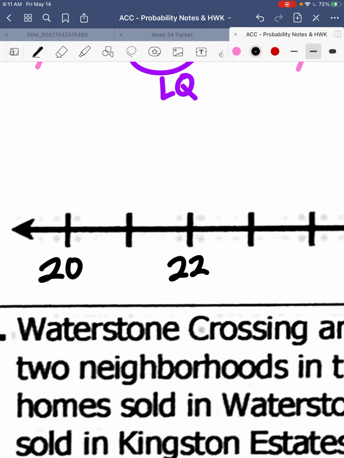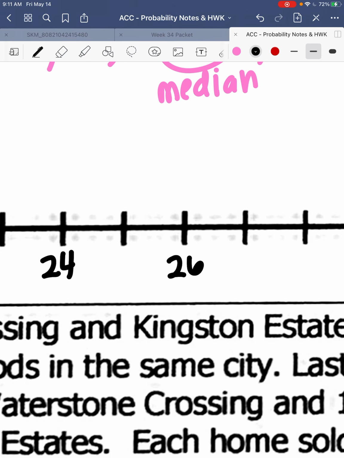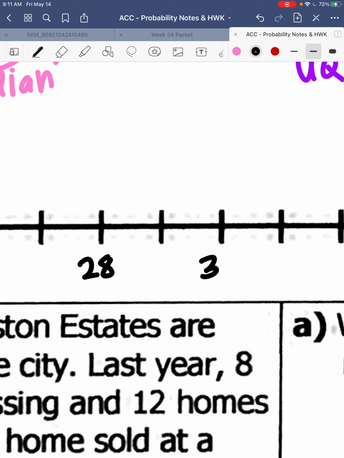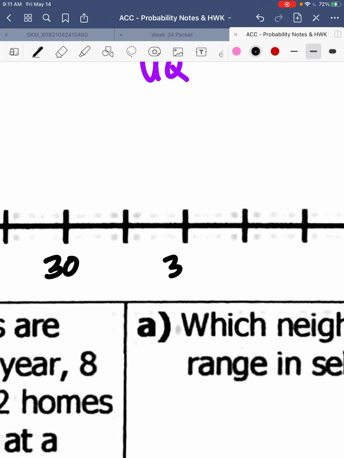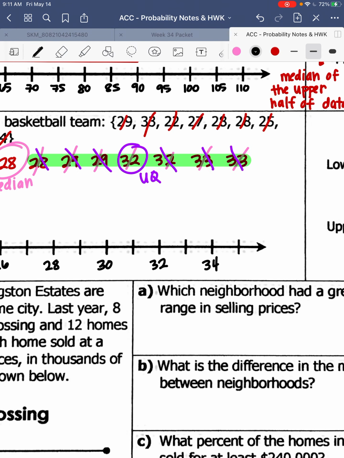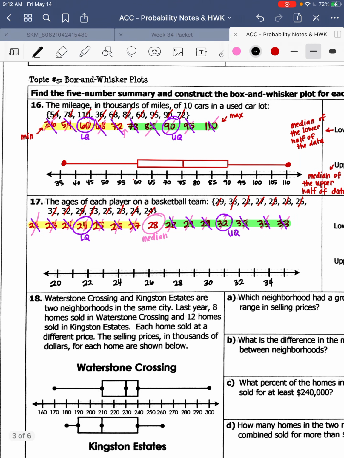So that's 21, 22, 23, 24, 25, 26, 27, 28, 29, 30, 31, 32, 33, 34, and 35 would be that last number. Okay, so I just counted by ones, but I labeled every other one.